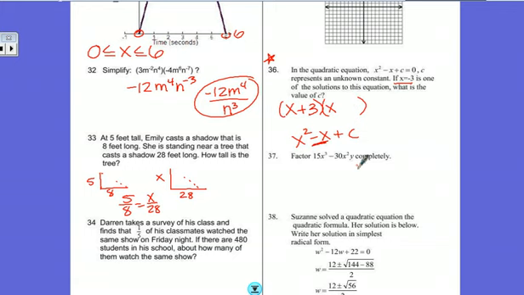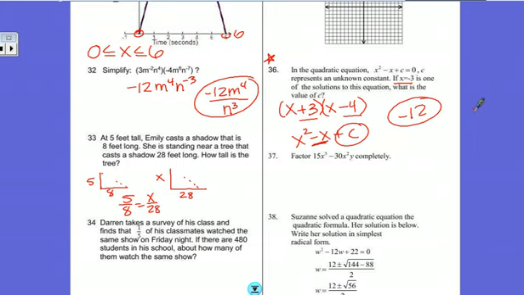So 3 plus what is negative 1? Well, the only answer there is 3 plus negative 4 is negative 1. And that works out, because x times x is x squared, x times negative 4 is negative 4x, 3 times x is positive 3x, so you get that negative x there. So then basically if I have these two numbers, when I multiply them, what am I going to get for this number here? Well, 3 times negative 4 is negative 12. Tricky one for sure. Okay?